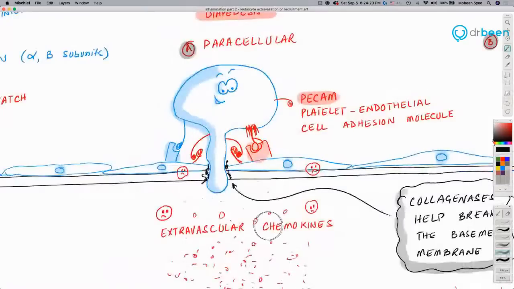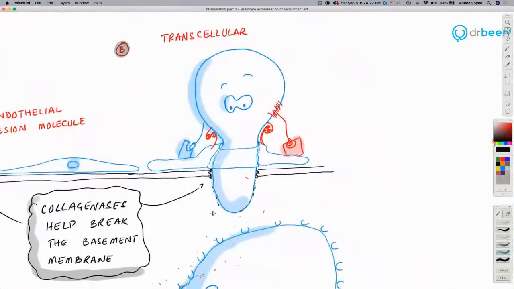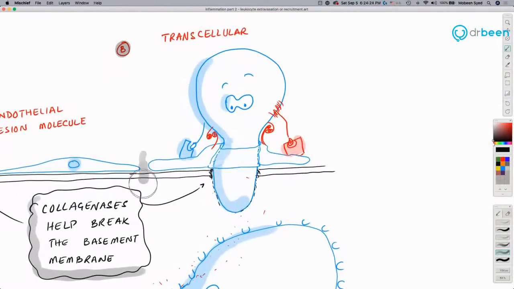Now, it is also possible that instead of passing through the junction, or the gap between the two cells, the white blood cell can actually pass through a cell. This is like in the movies where there is a ghost of someone and another person just passes through that ghost, or the ghost passes through the wall. So let's say this cell is the endothelial cell, and this is the white blood cell.